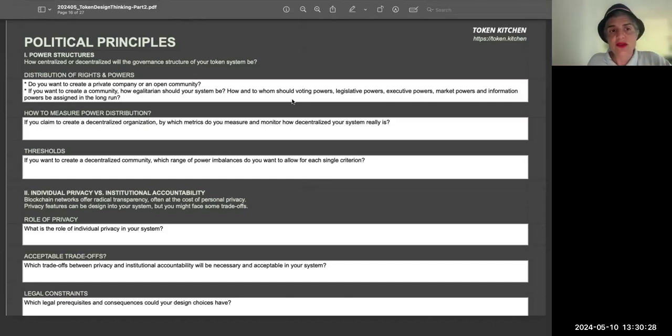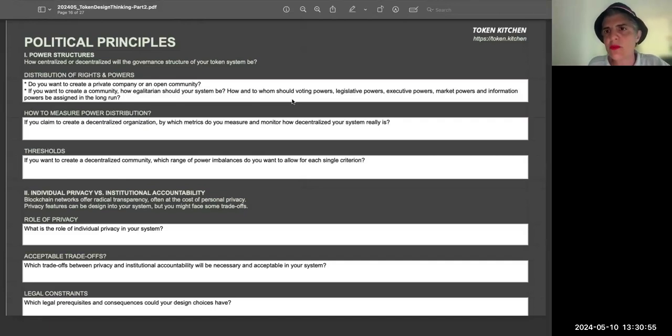And this is not relevant for the initial process, but if you claim to create a decentralized autonomous network, how do you want to measure how decentralized you are, and by which standards and with which threshold? This is not important to identify in detail in the beginning, but just claiming to be decentralized doesn't make you decentralized, okay? So how do you want to prove that you're decentralized?